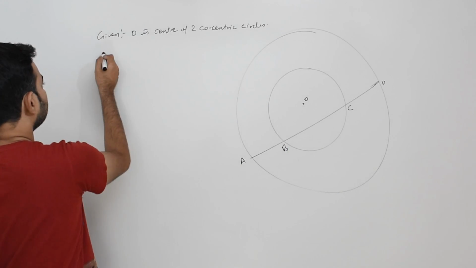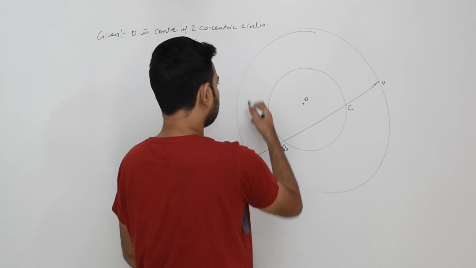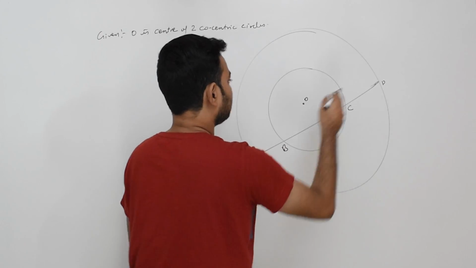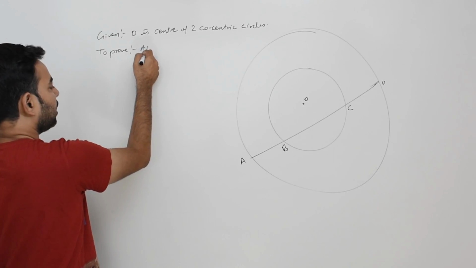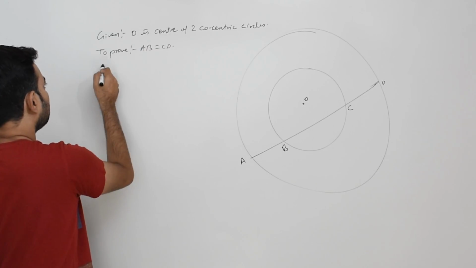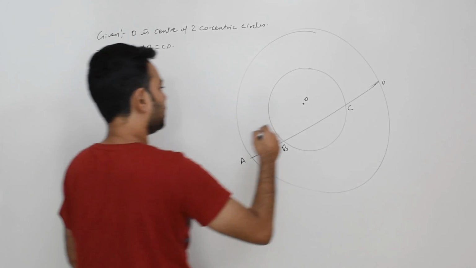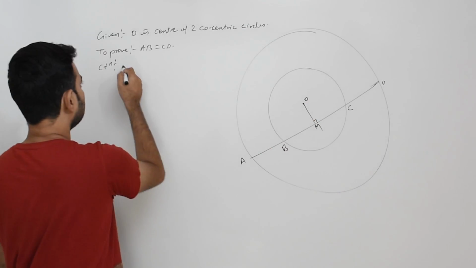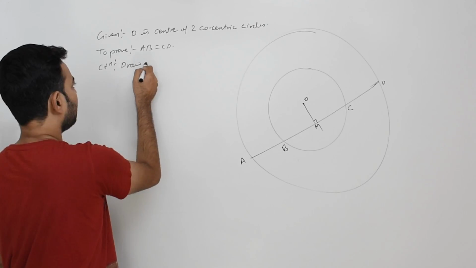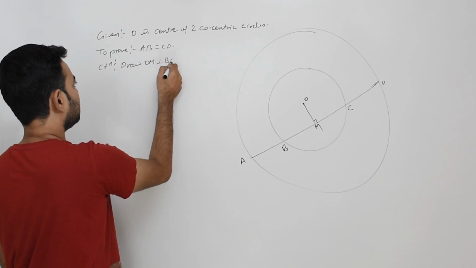Then you have to prove, this line intersects the circles at A, B, C and D, then you have to prove AB equals CD. For that you have to construct OM perpendicular to BC. Draw OM perpendicular to BC.